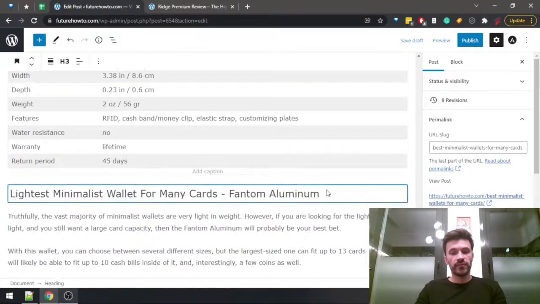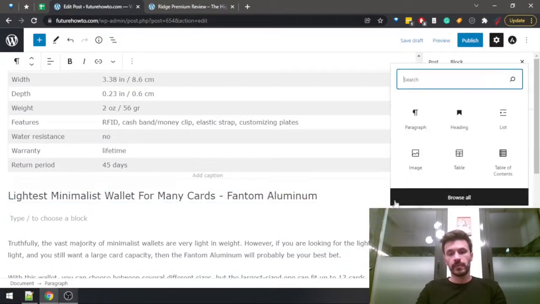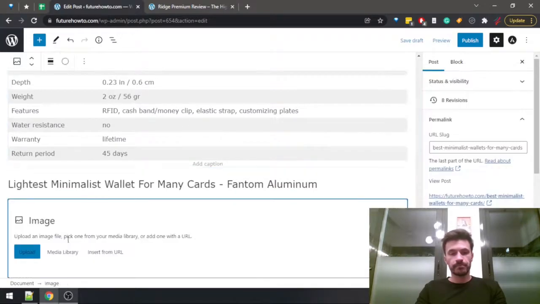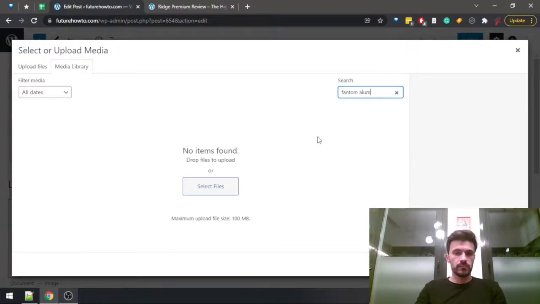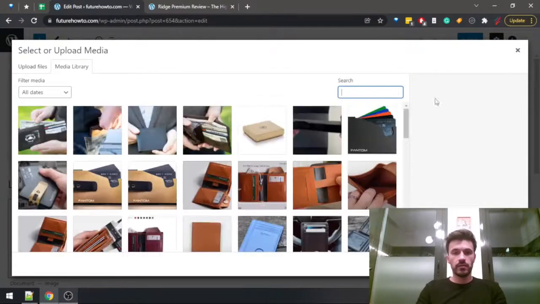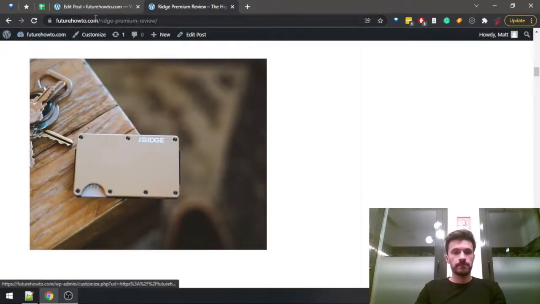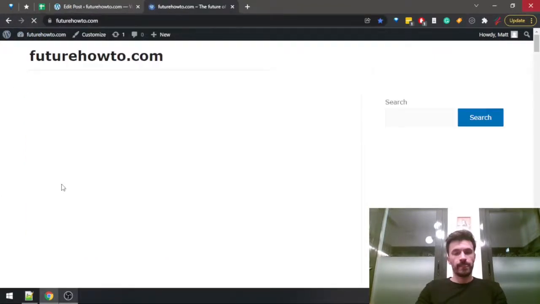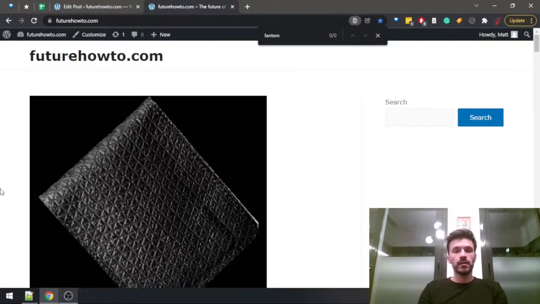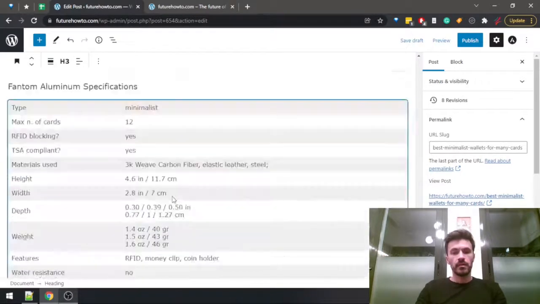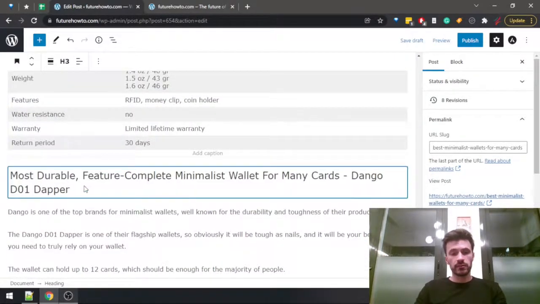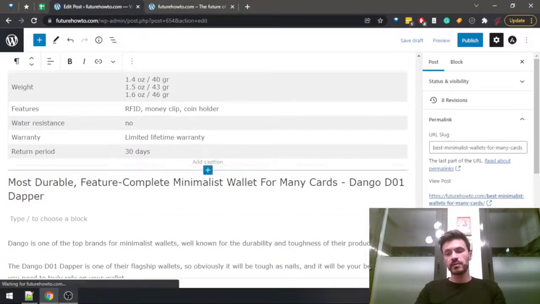And Phantom aluminum. Oh my god. Okay, this one is still not published, so we're just gonna skip it for now. And Dango D1 Dapper, I believe this is the last one. Yeah, this was the last one.